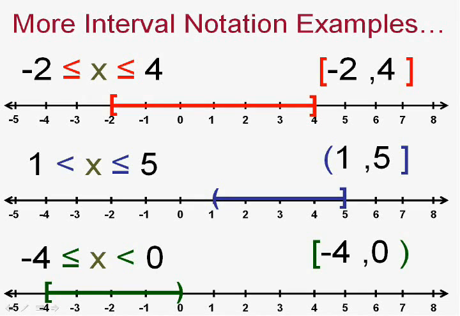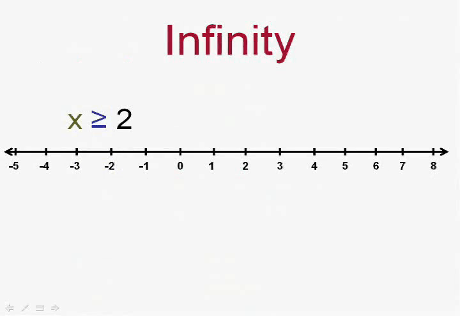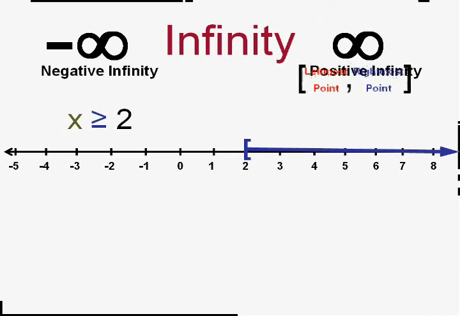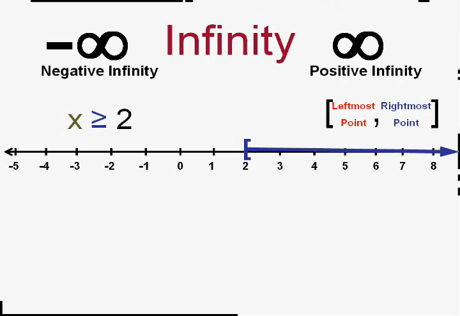Now some of these inequalities, you may remember, go on forever. And if we were to look at a picture of this one, x is greater than or equal to 2, we're going to have to involve infinity. The leftmost number is -infinity, and the rightmost number is +infinity. This picture would look like this. So its leftmost point is 2, but its rightmost point is infinity.